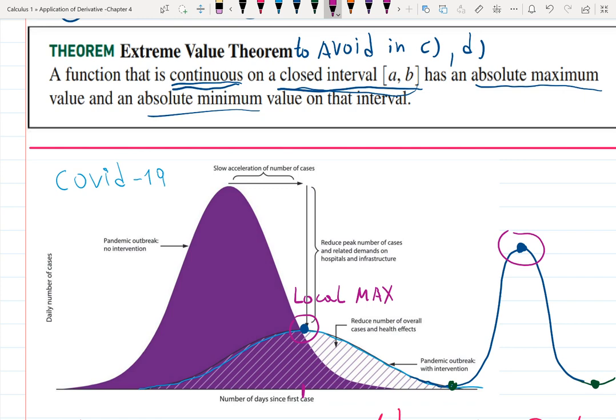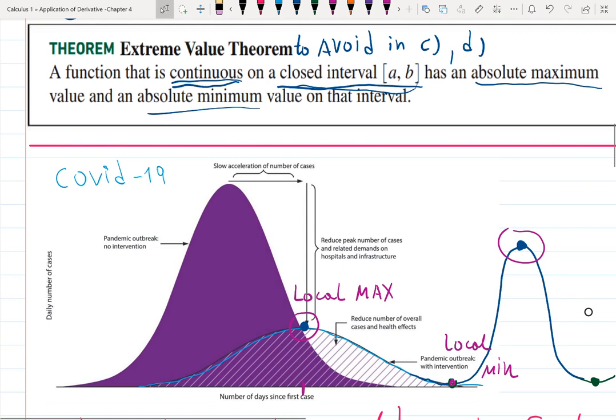And the definition of this local maximum and local minimum follows from the idea that it's still the biggest value, but only over here, in some kind of interval. It's not the biggest value everywhere, but it's the biggest output close enough, in some kind of interval.